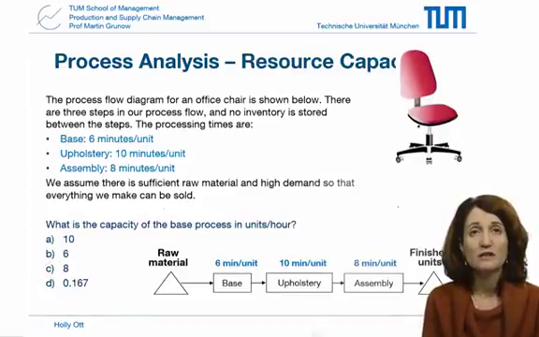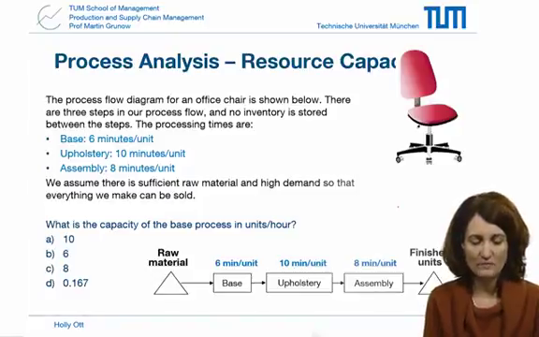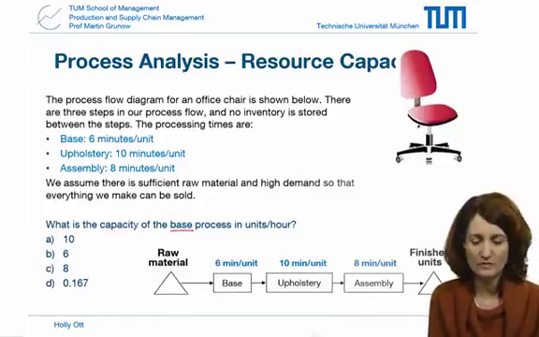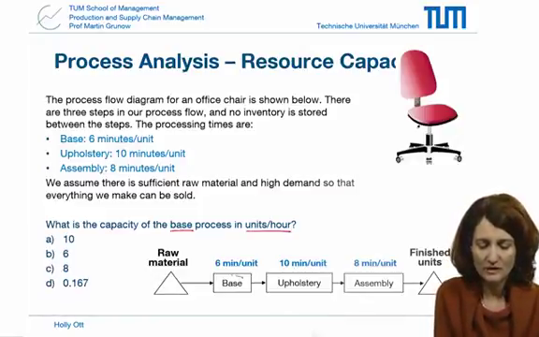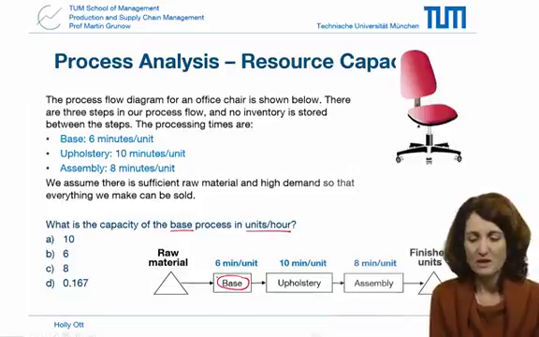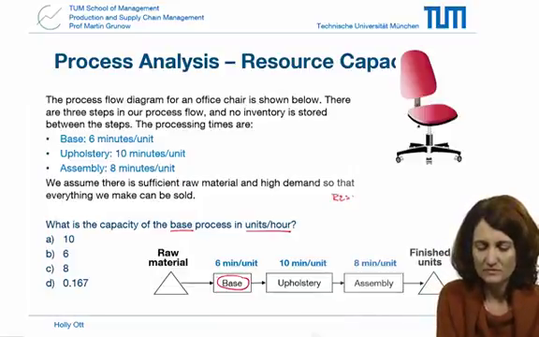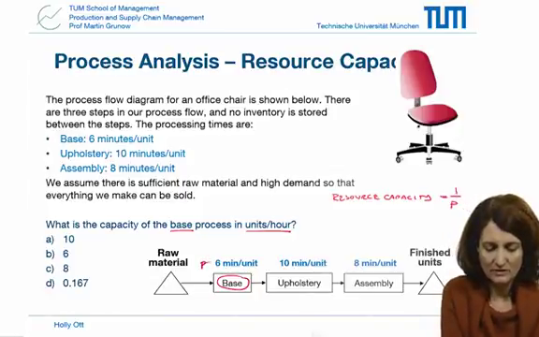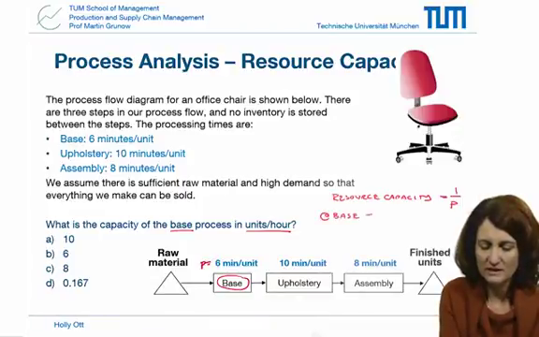All right, now we want to look at the capacity calculations. What is the capacity of the base process in units per hour? So be careful here, it wants units per hour. So base. Now what did we say? The resource capacity is equal to 1 over the activity time, or we called it P. So here we have P equal to 6 minutes per unit. So at the base, the resource capacity is equal to 1 over 6, and that's units, or chairs, per minute.